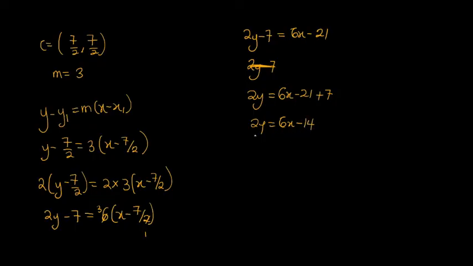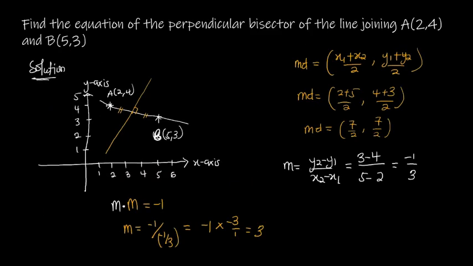So I have this as my equation, or if I like I can divide both sides by 2. So I have y is equal to 3x minus 14 on 2, which is 7. So this becomes my equation of the perpendicular bisector of the line cutting through the points A and B as shown over here.